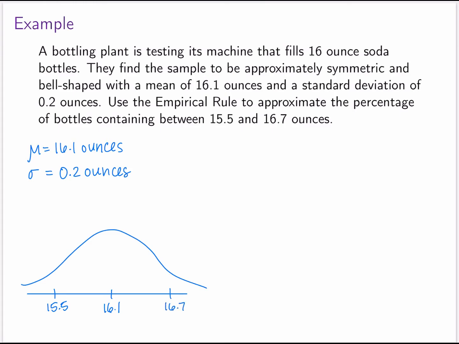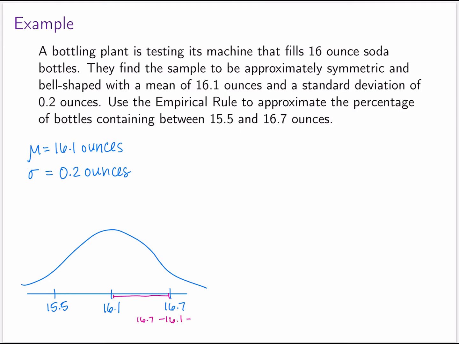And let's see how far away each one of them is from the mean. So how far is 16.1 away from 16.7? Well, I would subtract them. So I could think this is 16.7 minus 16.1.